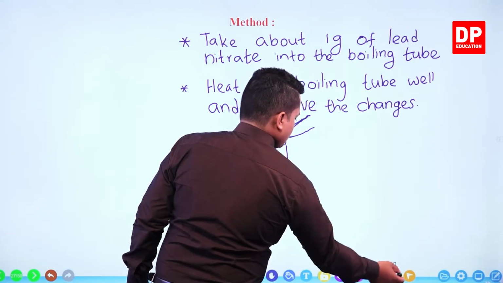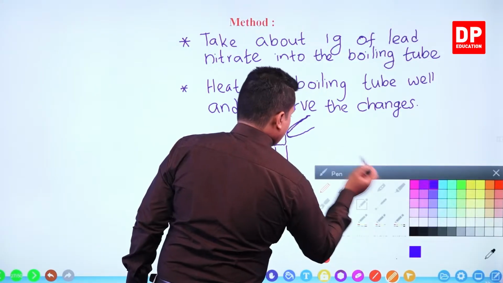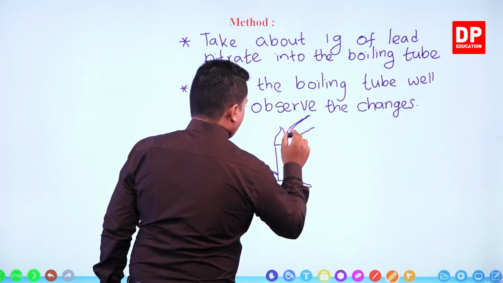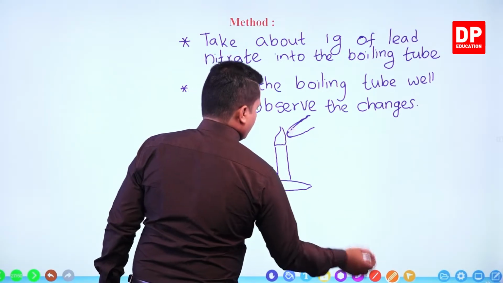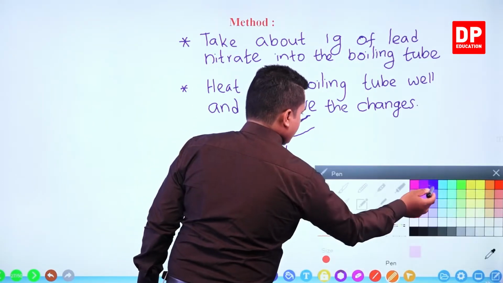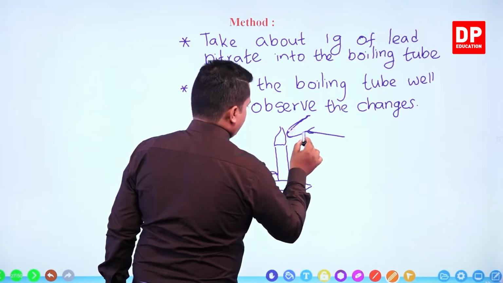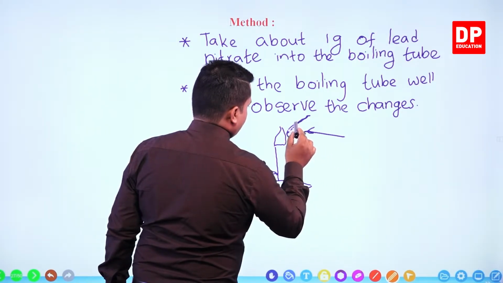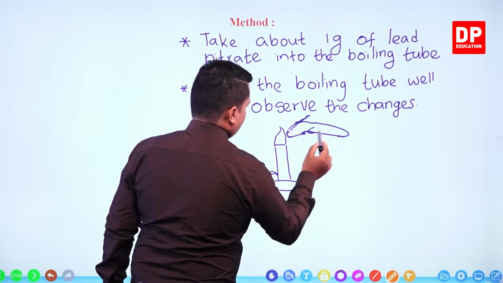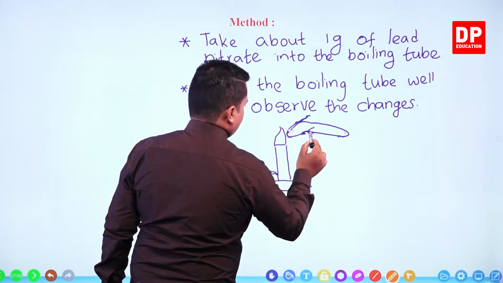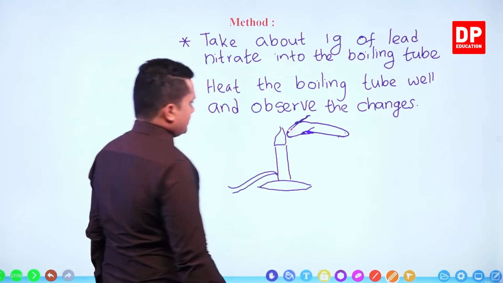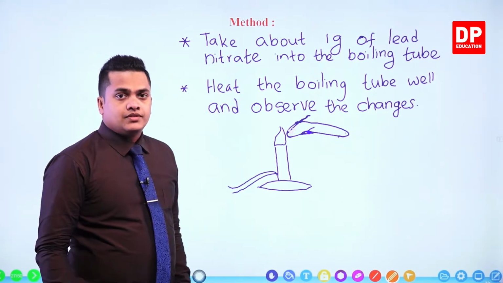I'll use a different color to indicate lead nitrate, and by using forceps we have to hold this thing like this. We have to heat it up, right?